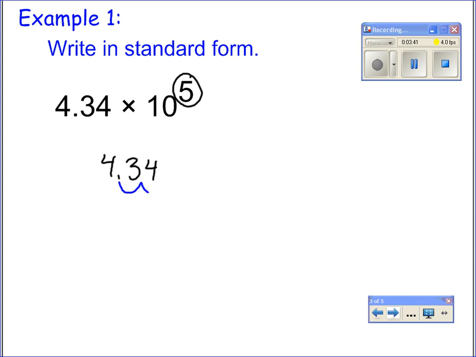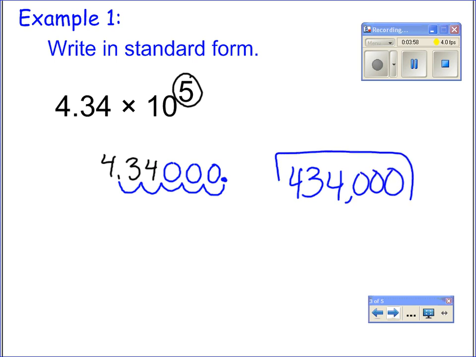So 1, 2, 3, 4, 5. Redraw the decimal point and then put the zeros in for your placeholder. And then we are going to rewrite the number. So in standard form, it's 434,000. So again, from scientific notation to standard form, we end up with 434,000.